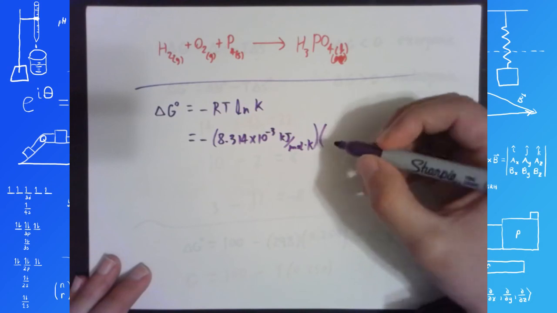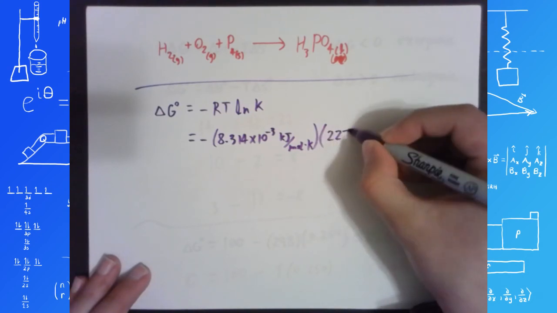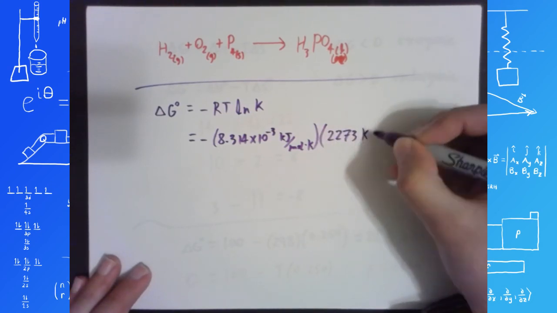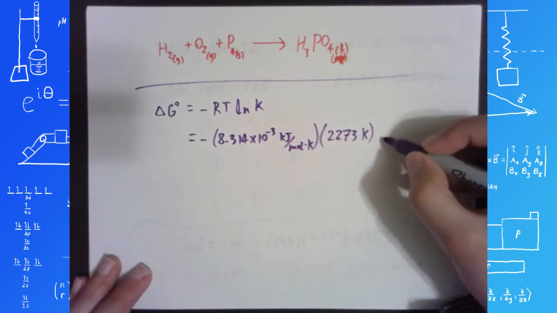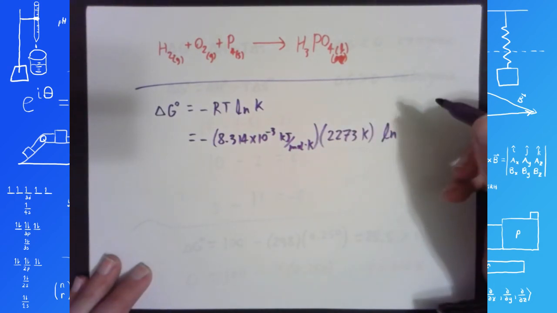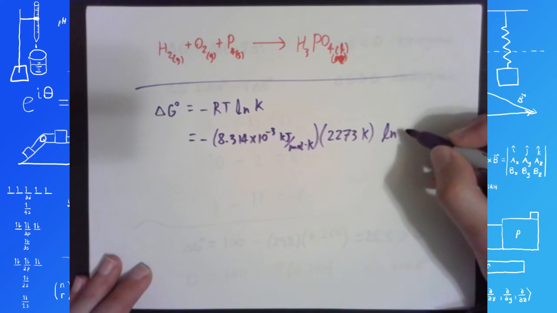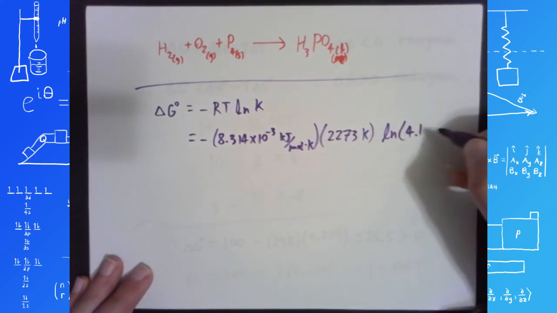They said 2,000 degrees Celsius, that's 2273 in kelvins, times the natural log of K, which was 4.1 times 10 to the negative 4.